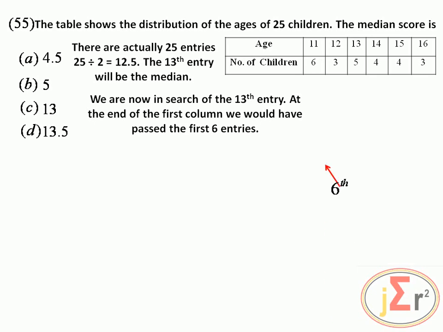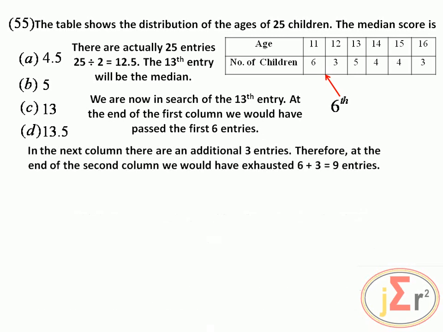Right, so let us go. We have 6 entries here. So by the time we have gone past this, we would have gone past 6 entries. In the next column, there are an additional 3 entries.